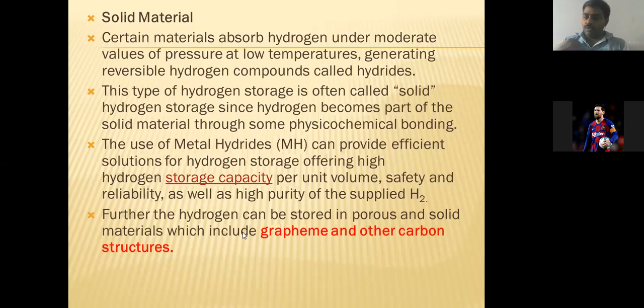So when I want to transport hydrogen from one place to another, hydrogen gas can be stored in graphene materials or carbon fiber materials. As it is a solid, it occupies less space and is compact in size. I don't need any tanks, so straight away it can be transported in boxes.